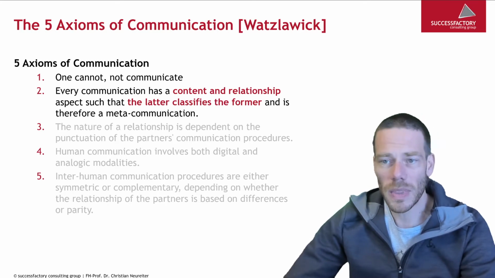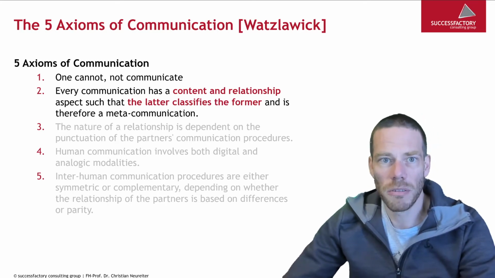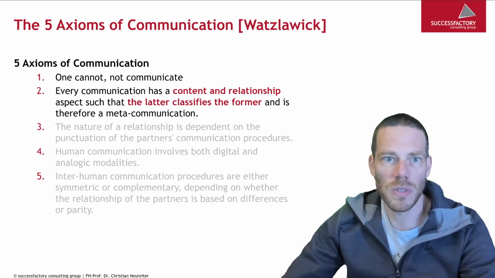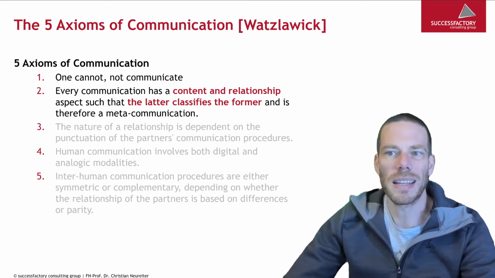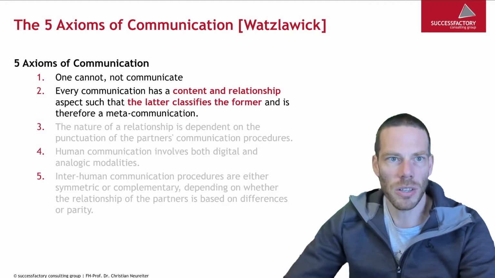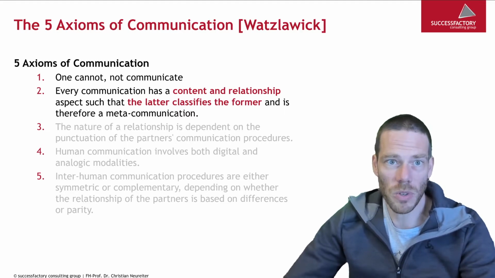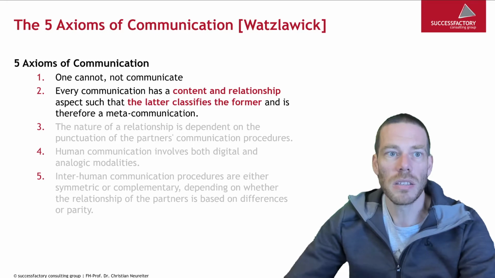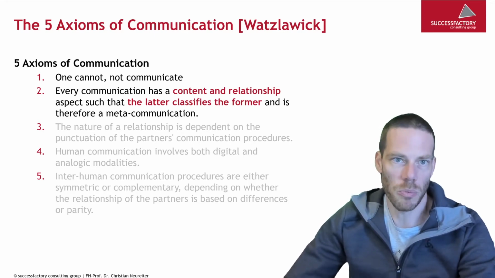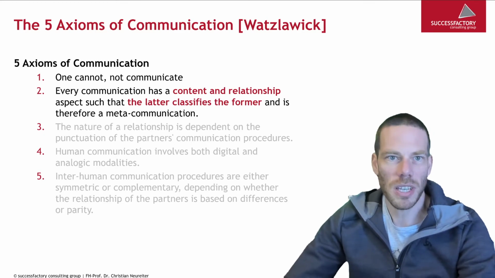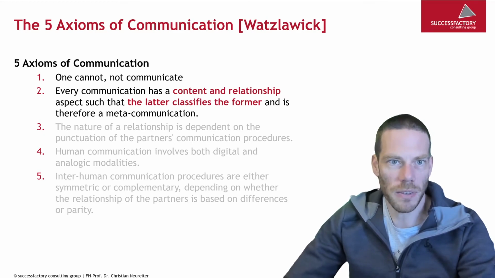More important for our goal of considering remote scenarios, however, is the second axiom, which says that every communication has a content and a relationship. So there are two aspects, such that the latter classifies the former and is therefore a meta-communication. We can conclude that communication takes place on two layers.